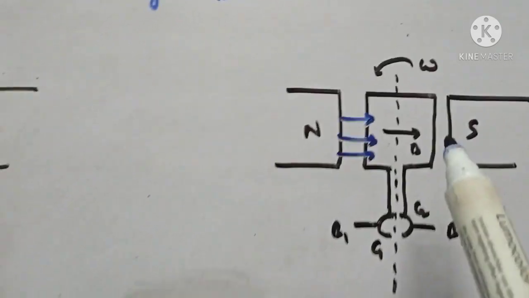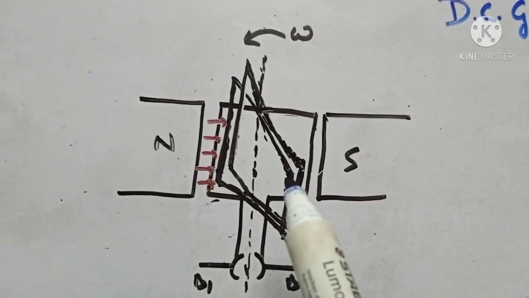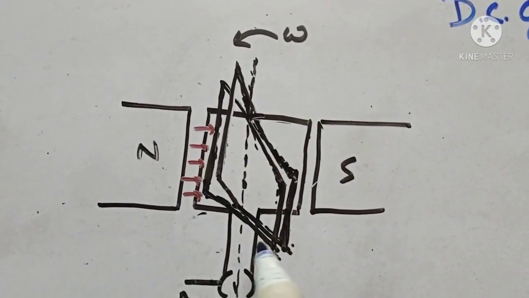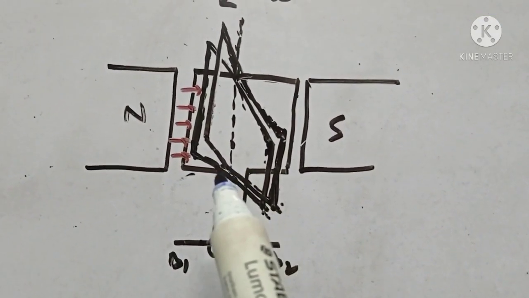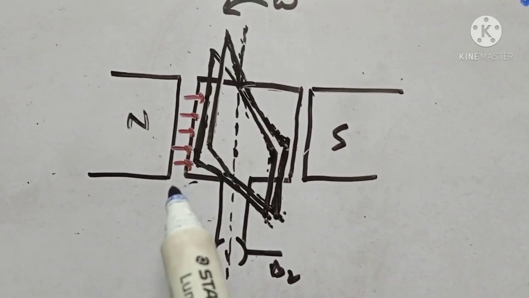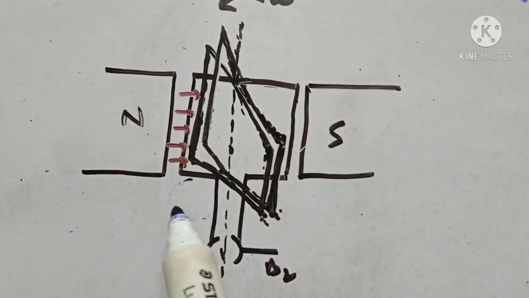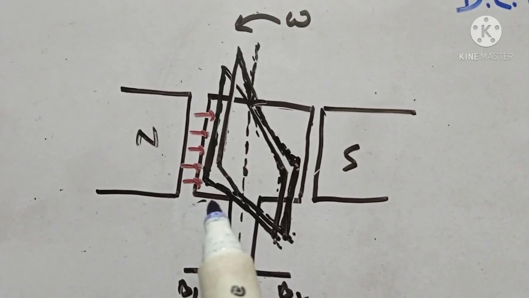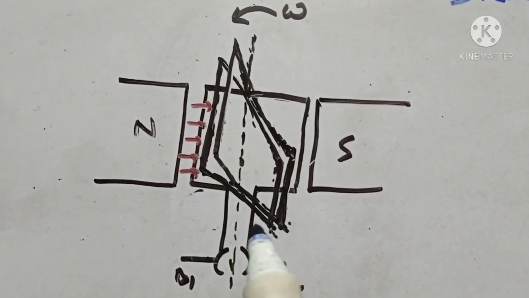So what happens now, when the coil starts rotating, there is a change in magnetic field. And when there is a change in magnetic field, an induced EMF is produced, and so there is a flow of current in the coil.